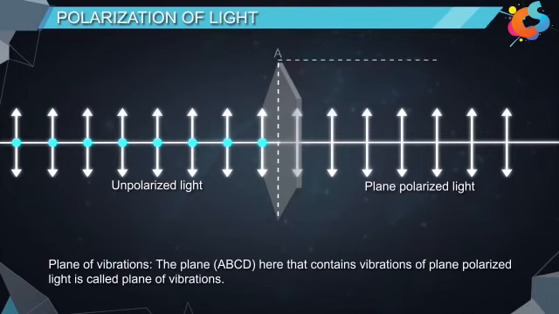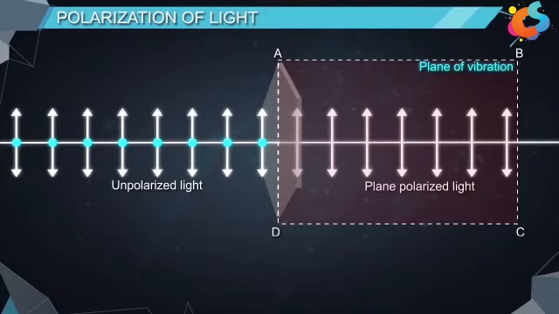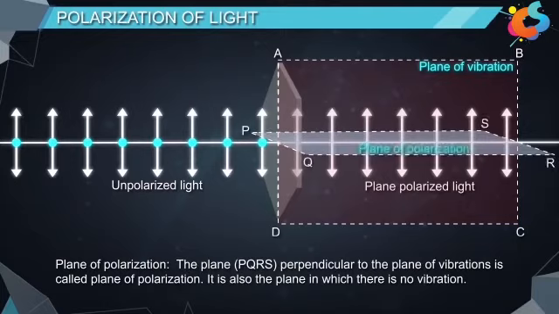The plane ABCD here that contains vibrations of the plane polarized light is called plane of vibration. Number 2, plane of polarization. The plane PQRS perpendicular to the plane of vibration is called plane of polarization. It is also the plane in which there is no vibration.